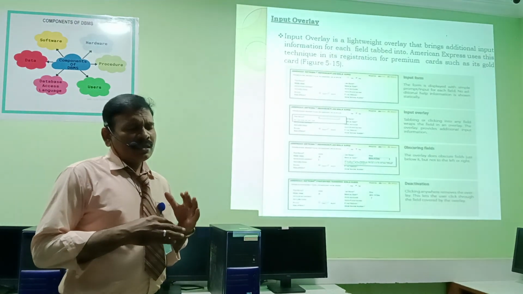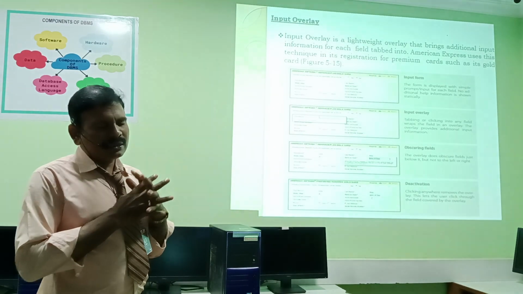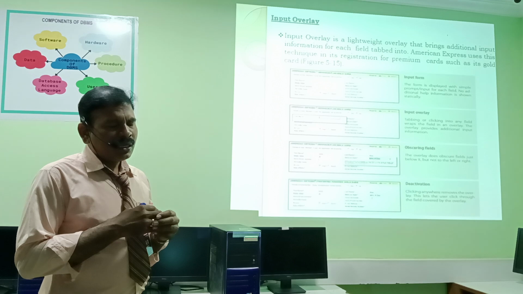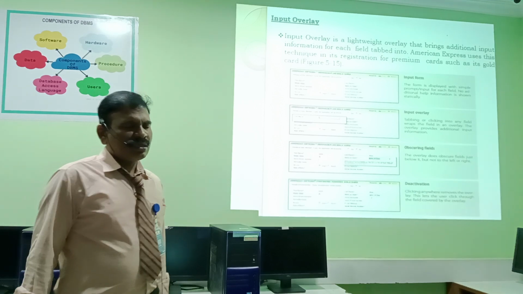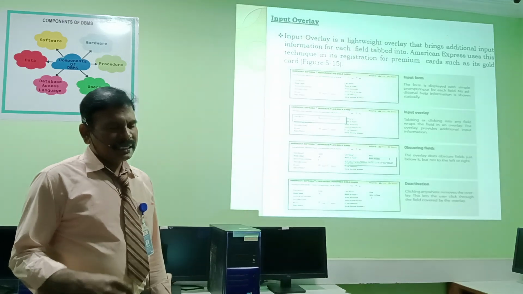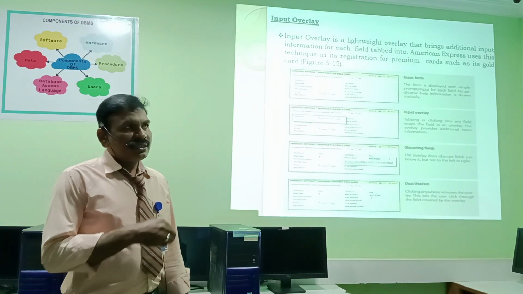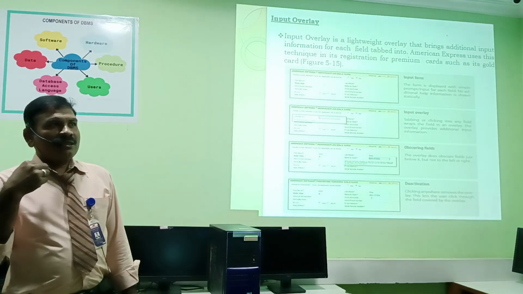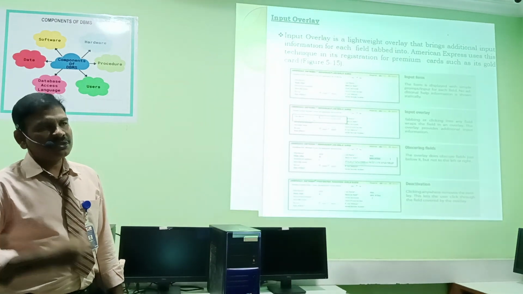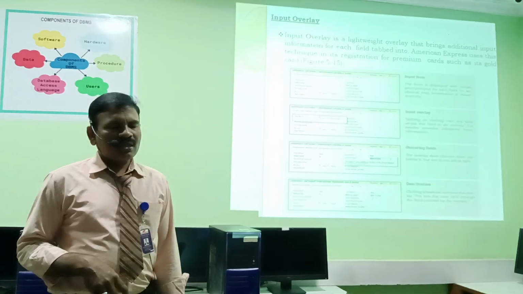So we discussed interaction from different perspectives, GOMS specifications, and then learnability and predictability. These questions will come in part C as well as part B of our university examinations. Okay, thank you.